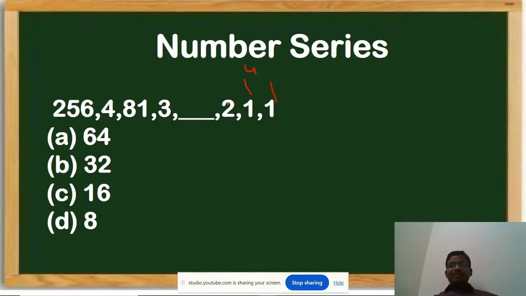Anything to the power is 1. 2 to the power 4 is 16. 3 to the power 4 is 81. 4 to the power 4 is 256.